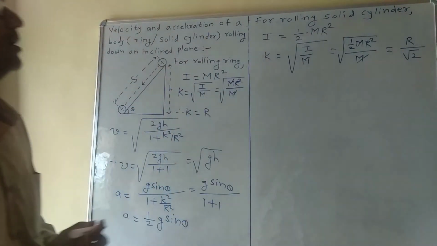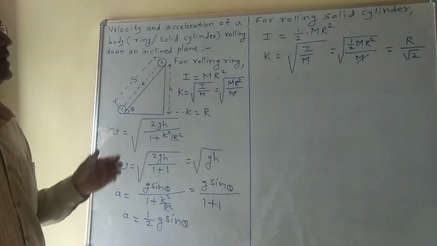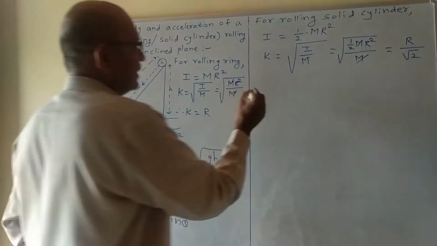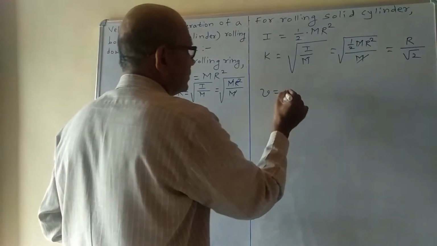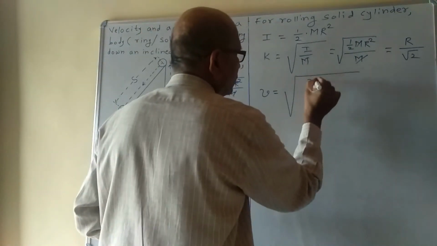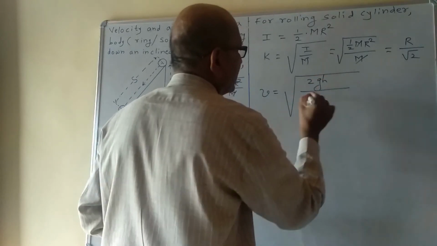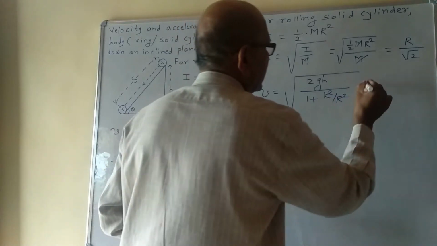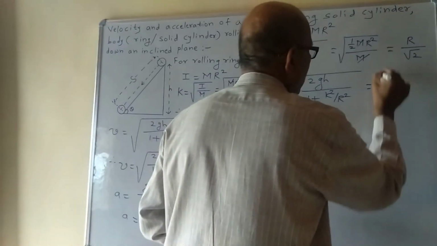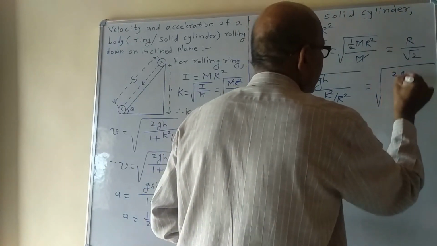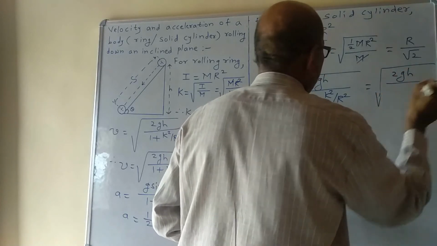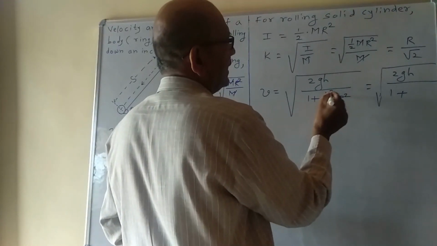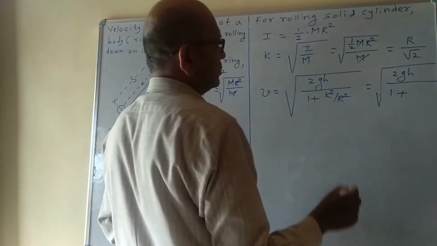Then the linear velocity of the rolling solid cylinder when it reaches the bottom is given by v equals under root of 2gh upon 1 plus k square by r square, equals under root of 2gh upon 1 plus, substitute the value of k as r upon under root 2.